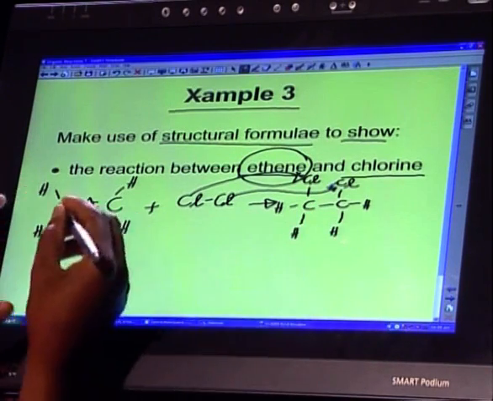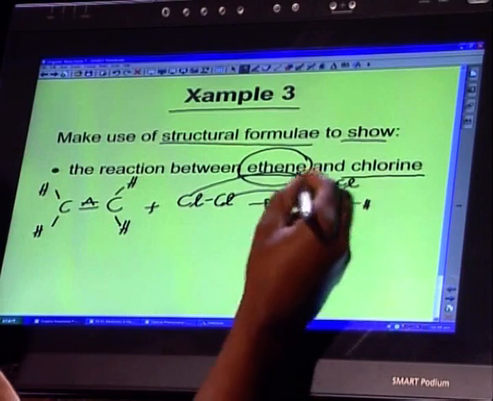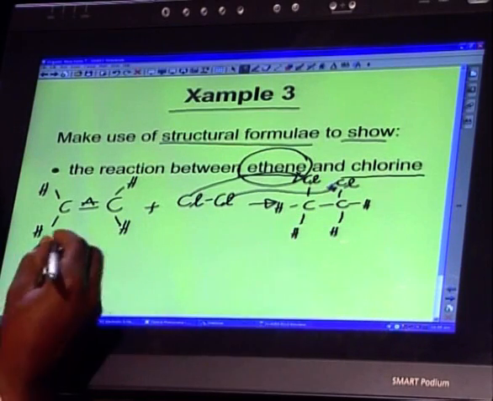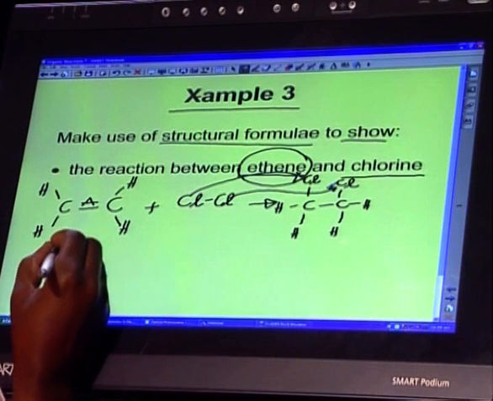So you will see that you are moving from an alkene. You make it react with chlorine, you're moving from ethene, reacting with chlorine, you come to dichloroethane. So you're starting with ethene.